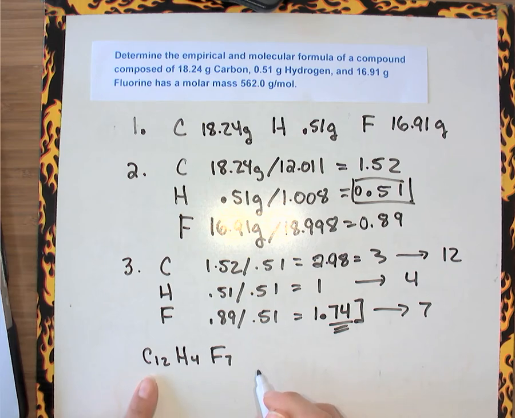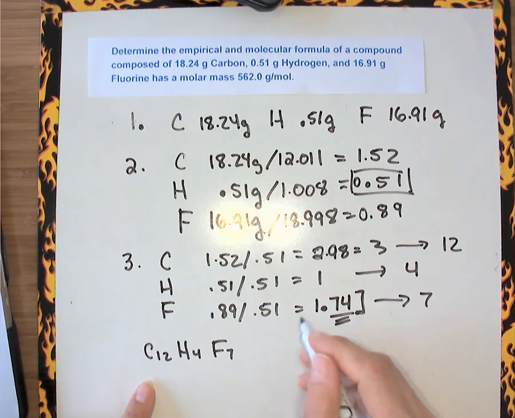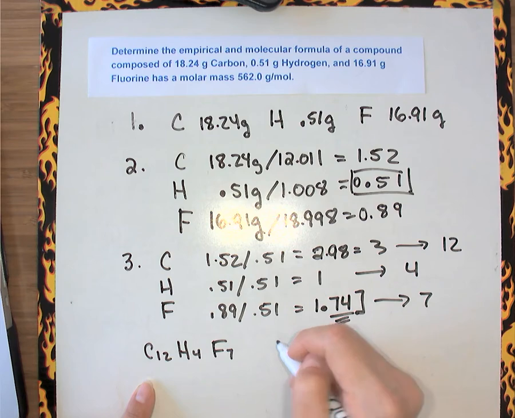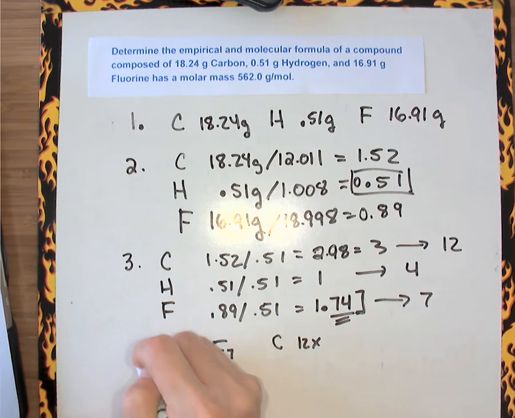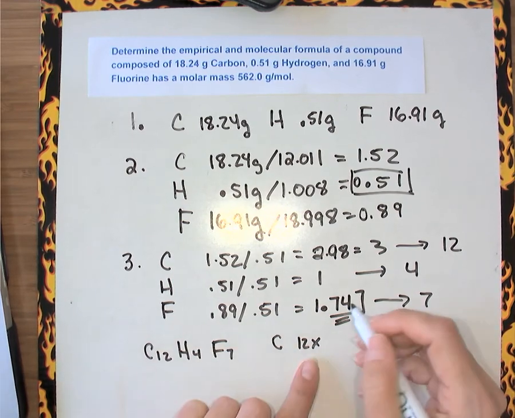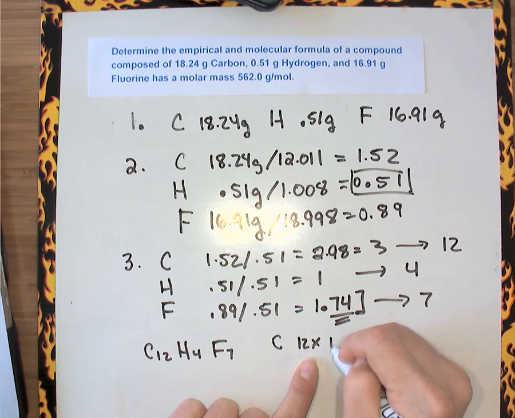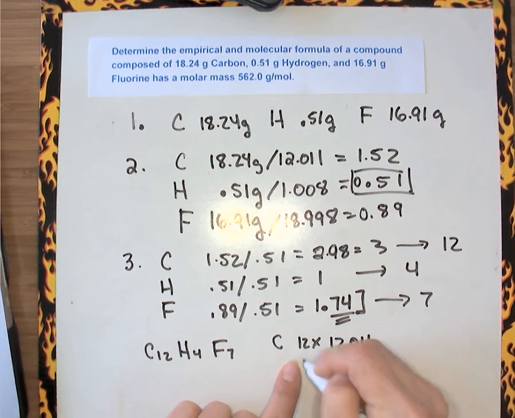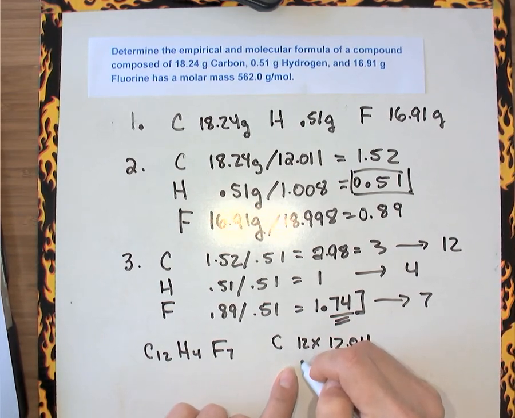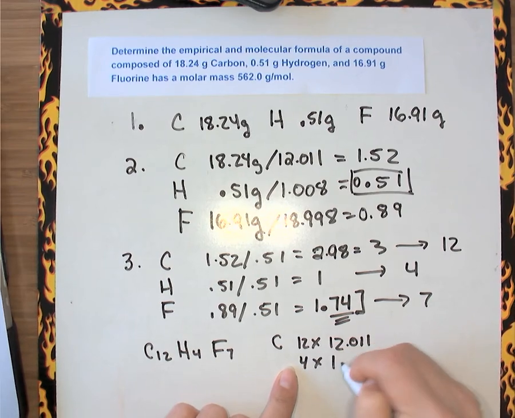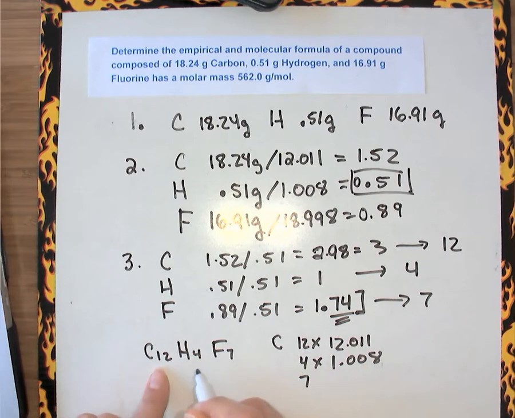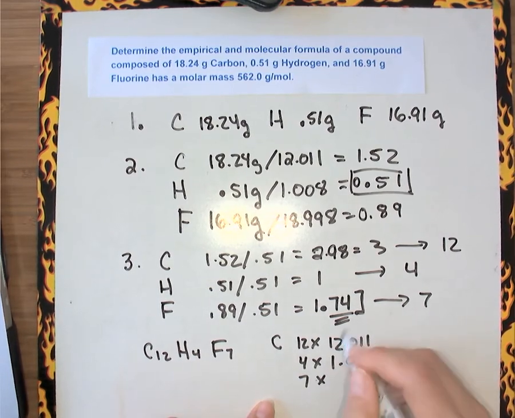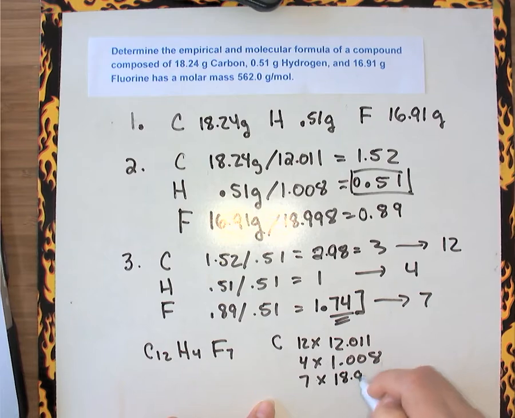So then I need my empirical formula of this. Okay, so C is going to be 12. This is the empirical formula, but I need the molecular weight of the empirical, sorry, times 12.011, 4 times 1.008, and 7, C12, H4, F7, all times their molecular weights, 18.998.